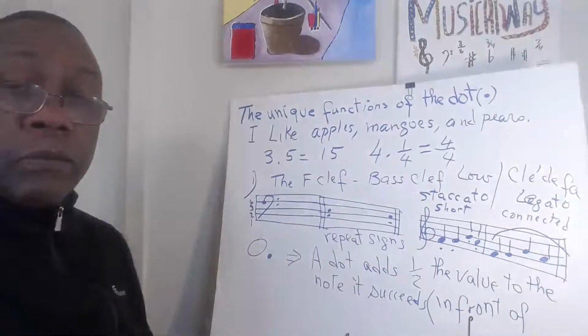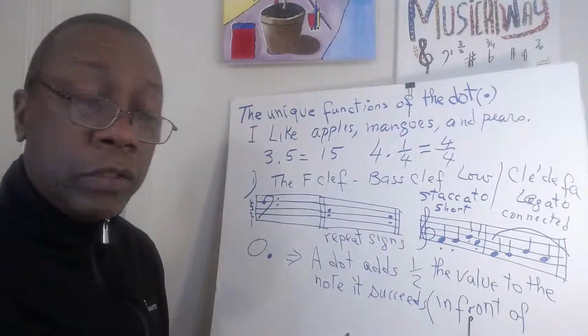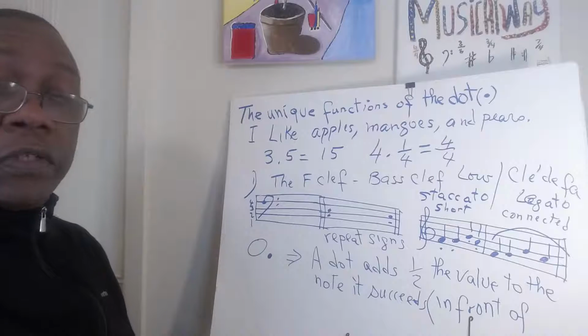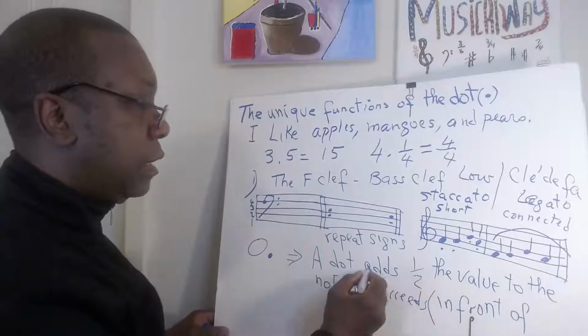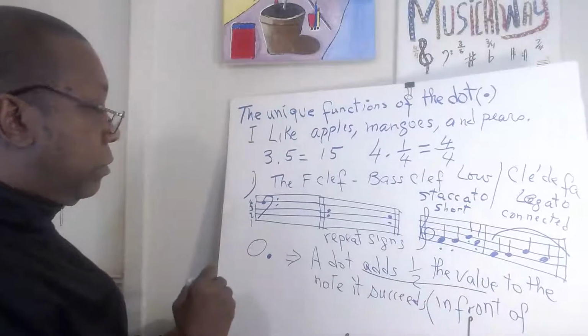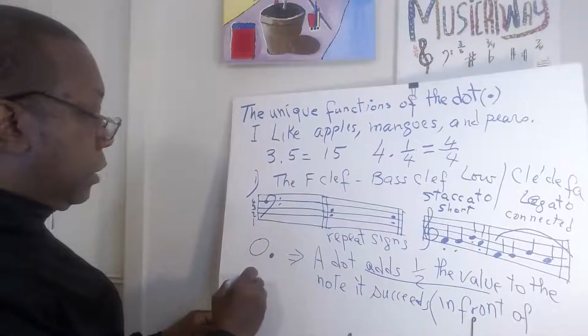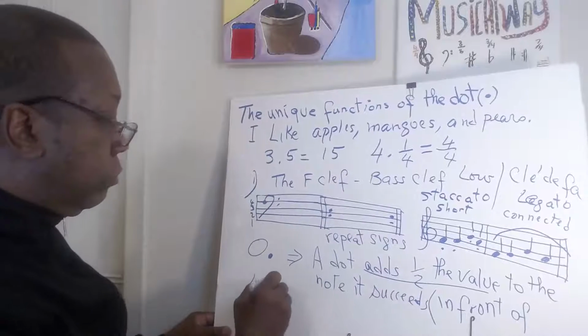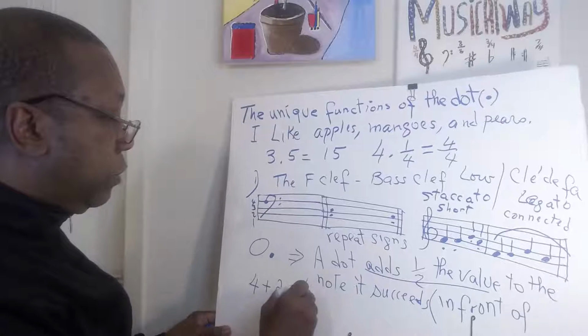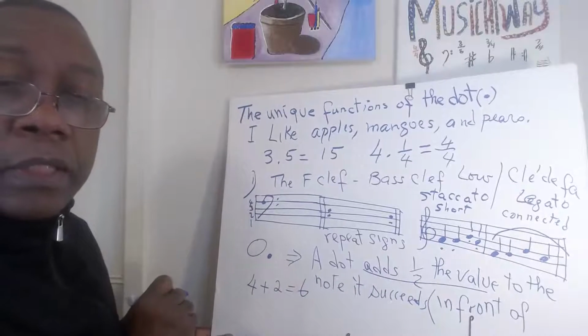So I have the whole note with a dot. The whole note is 4 beats, and it adds half the value. So half of 4 will be 2. So it has to be equal to 6 beats.